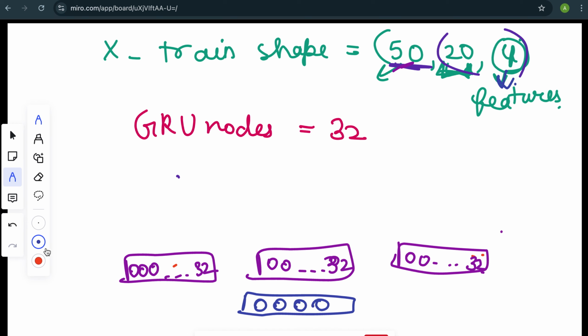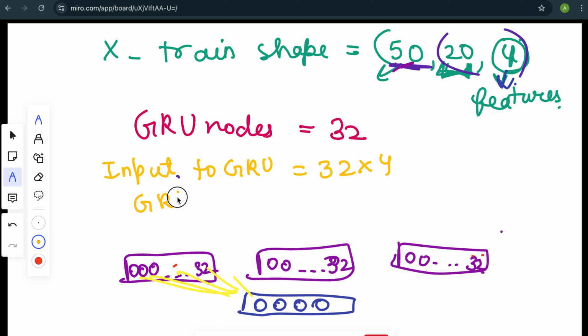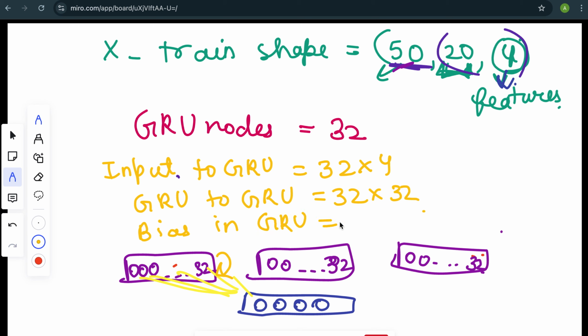Now, while making connections, we know the input to GRU box connection will be 32 times 4. Then GRU to GRU connection will be 32 times 32. And then the number of biases in GRU will be equal to the number of nodes in GRU, which is equal to 32.